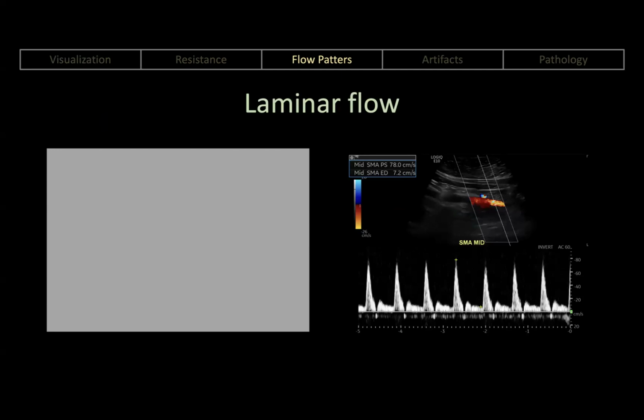Now, laminar flow, on the other hand, is when there's faster velocity in the center of the vessel and slower on the edge because of the resistance supplied by the wall of the vessel. So blood flow is going to look like this, where the center is going faster and the periphery is going to be slower.